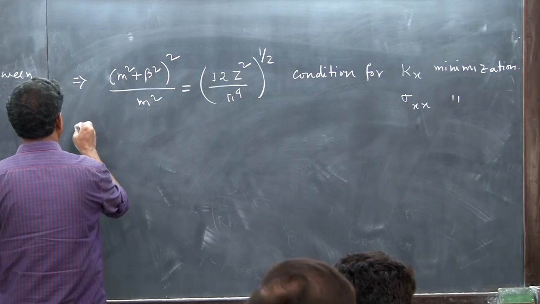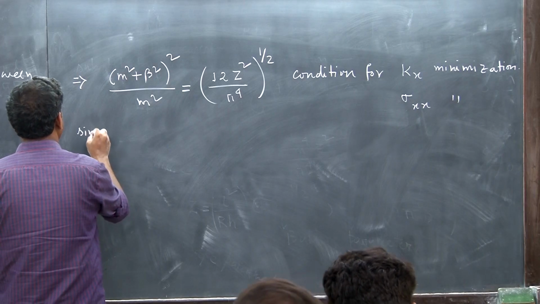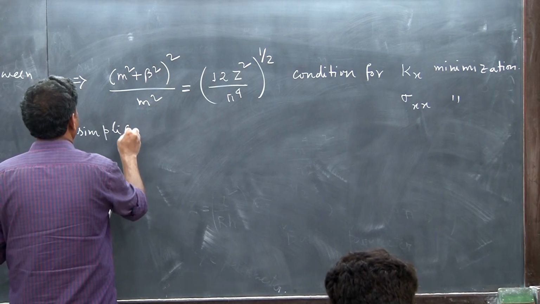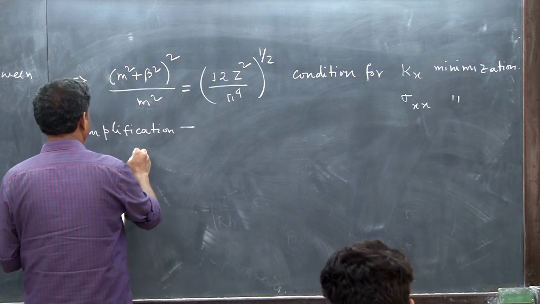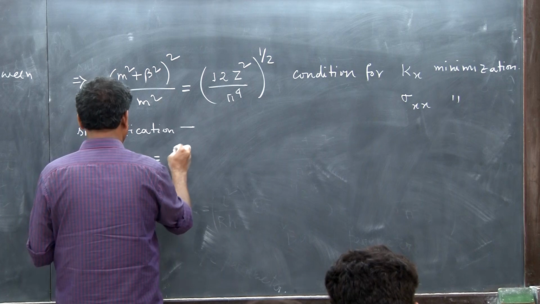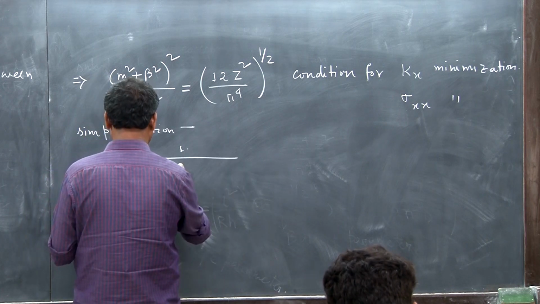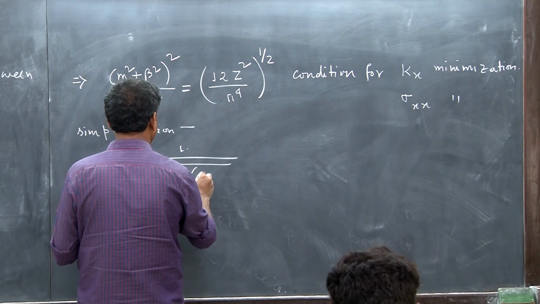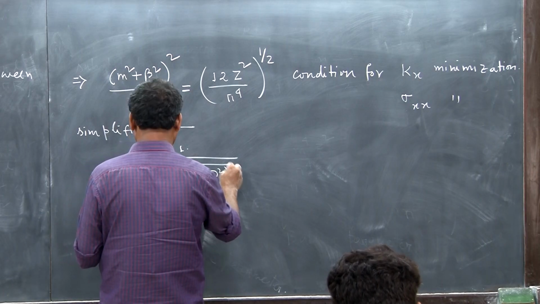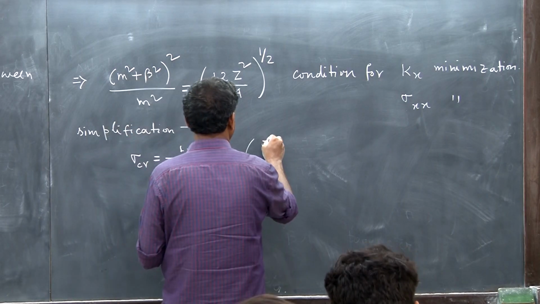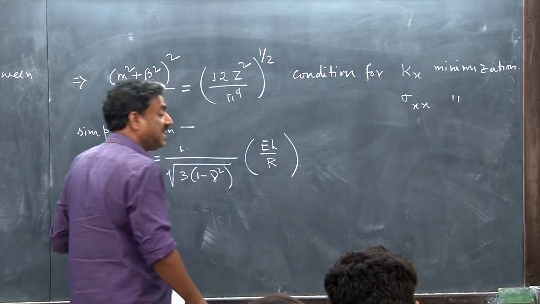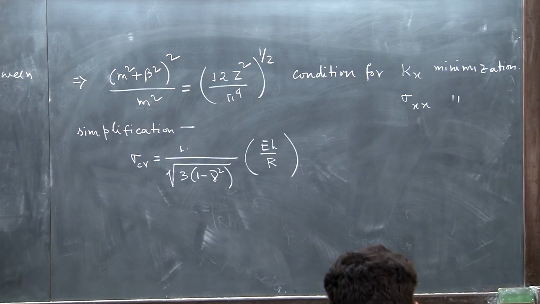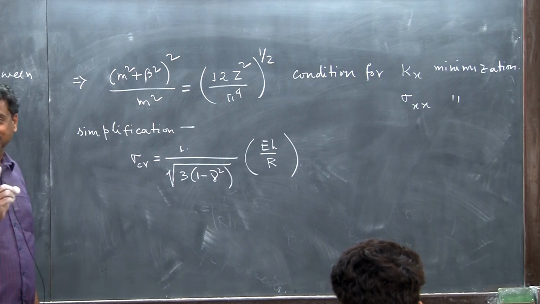So from here, on some simplification, we will get sigma CR as 1 divided by root 3 (1 minus mu square) times E H by R. See, this is a little comparable to our previous solution, right?